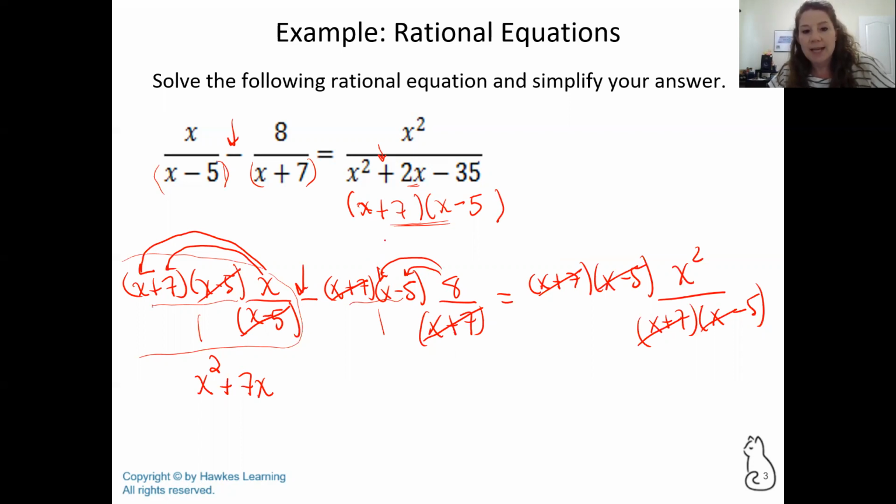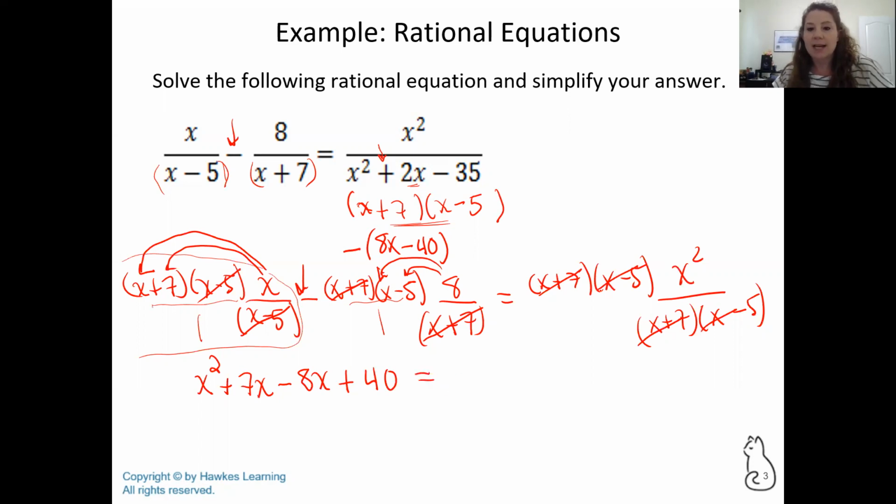So 8 times x is 8x, and 8 times -5 is -40. Please remember, you have to subtract all of that, so I have to distribute that negative sign. I'm going to write minus 8x, and then the opposite of -40 is plus 40. All right, so I dealt with all that.